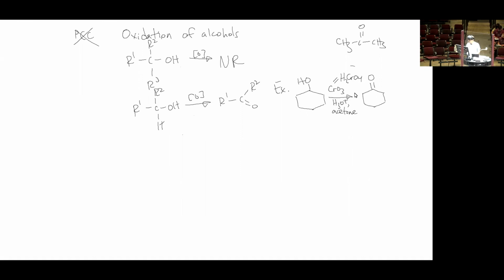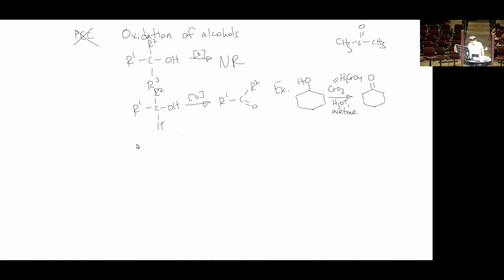And I think you can see that for yourself. If you add H2O to CrO3, you get H2CrO4, right? So you might see it written that way as well, in like OWL or something like that. Just so you're aware of it when you see that these two are the same animal. So secondary alcohols, the only possible oxidation product is a ketone.